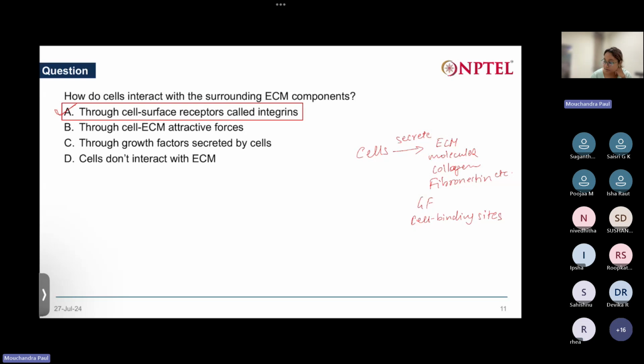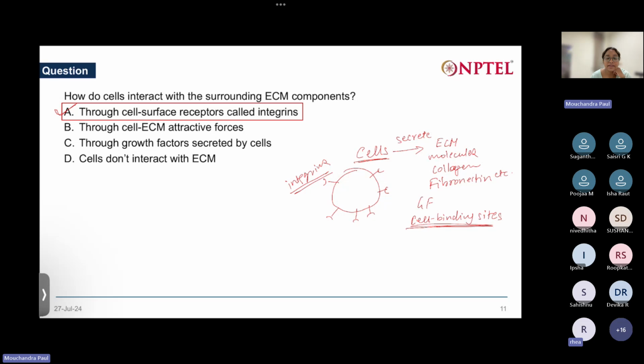And how will cells interact with these sites? Cells contain receptors on their surface. These receptors are called integrins. These integrins are themselves proteins, and proteins are made up of amino acids, and there's a particular unique sequence of amino acids.